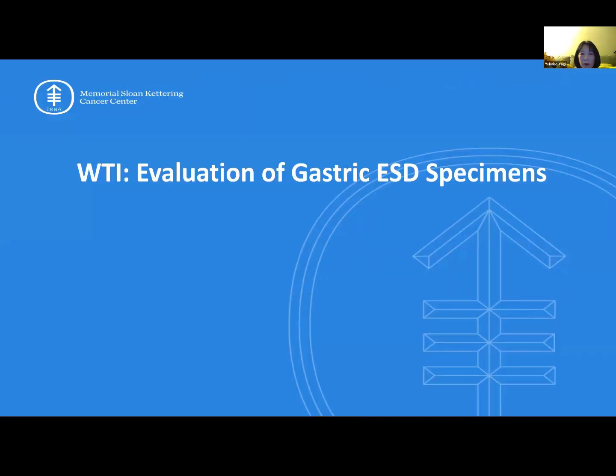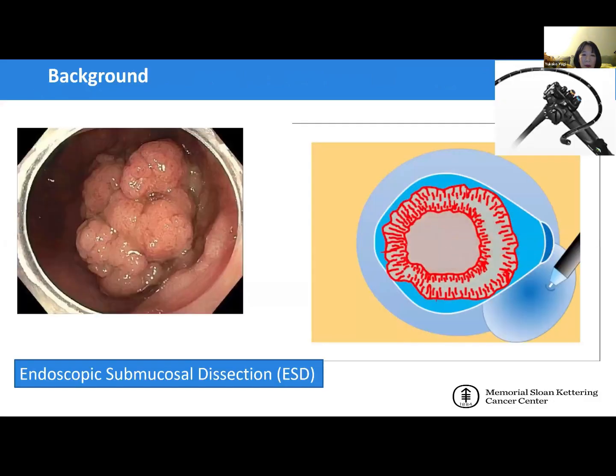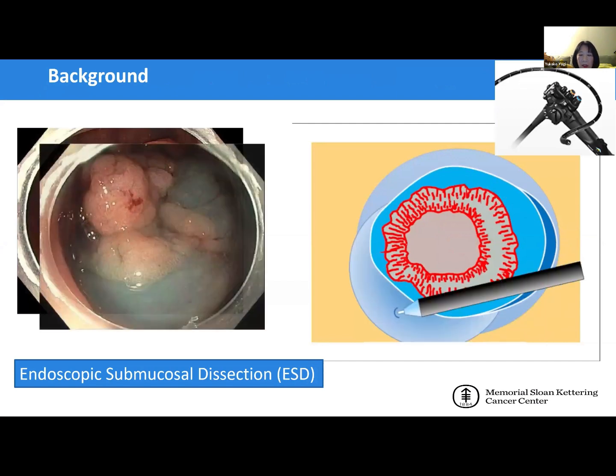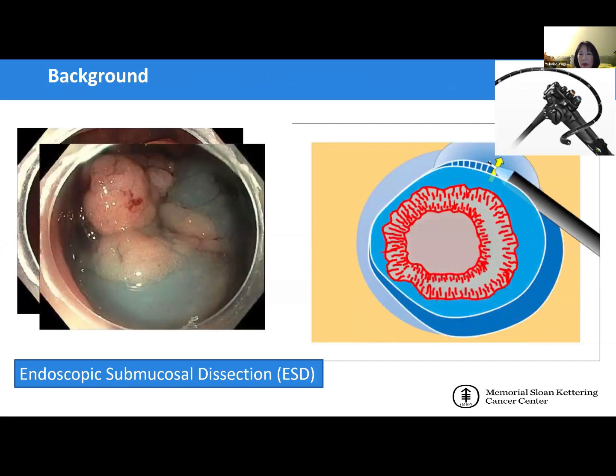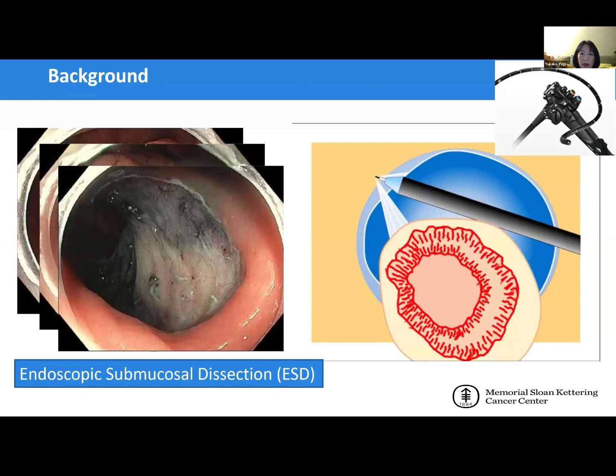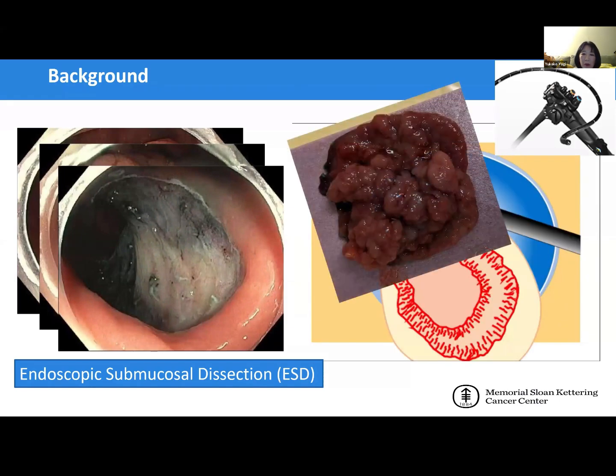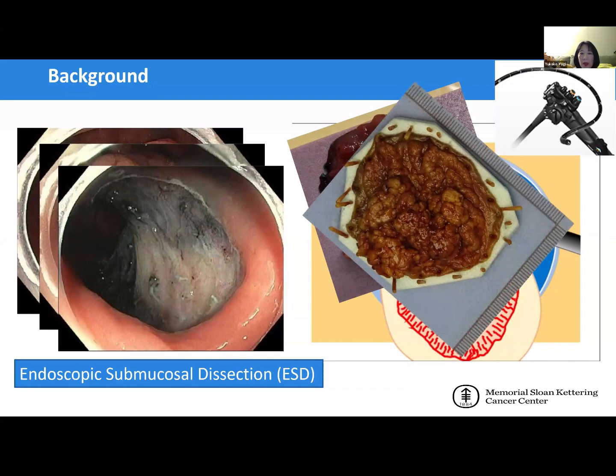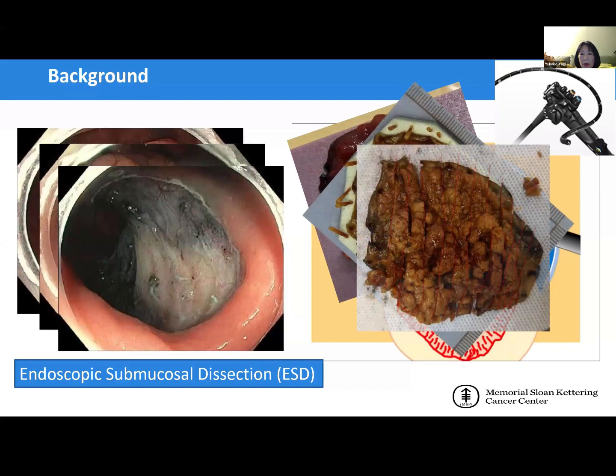Next is a whole tissue imaging example evaluating gastric ESD specimens. Endoscopic submucosal dissection is very popular in Japan, but not so popular in the United States. We remove the cancer part, the suspicious part, during the endoscopy.